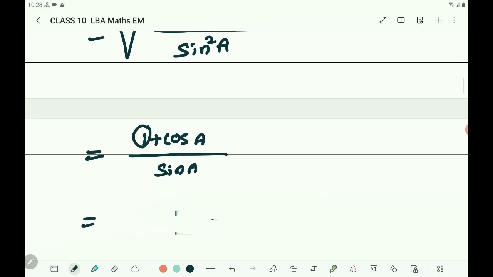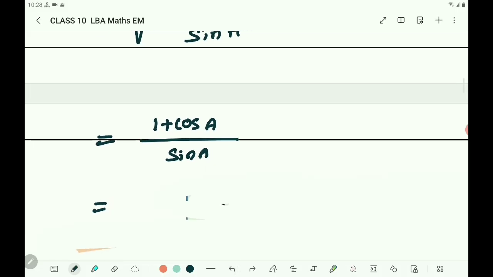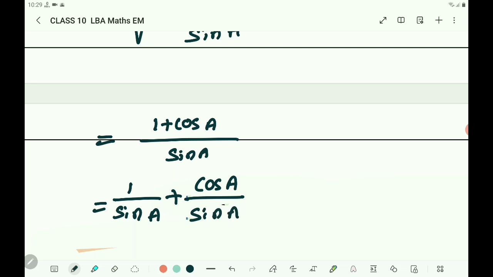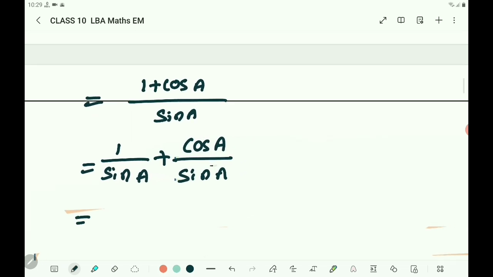Separate 1 by sin A and cos A by sin A. Write this sin A below 1 and also below cos A. 1 by sin A plus cos A by sin A. 1 by sin A is cosec A plus cos by sin is cot A, which is equals to RHS.